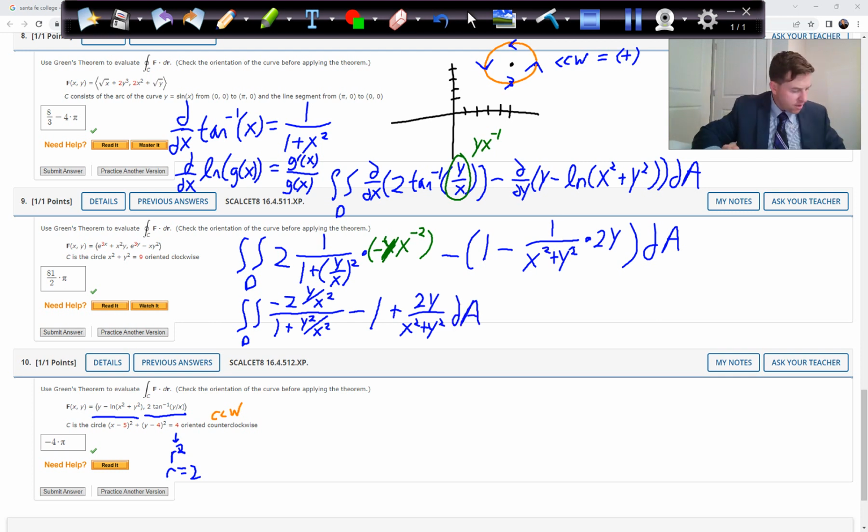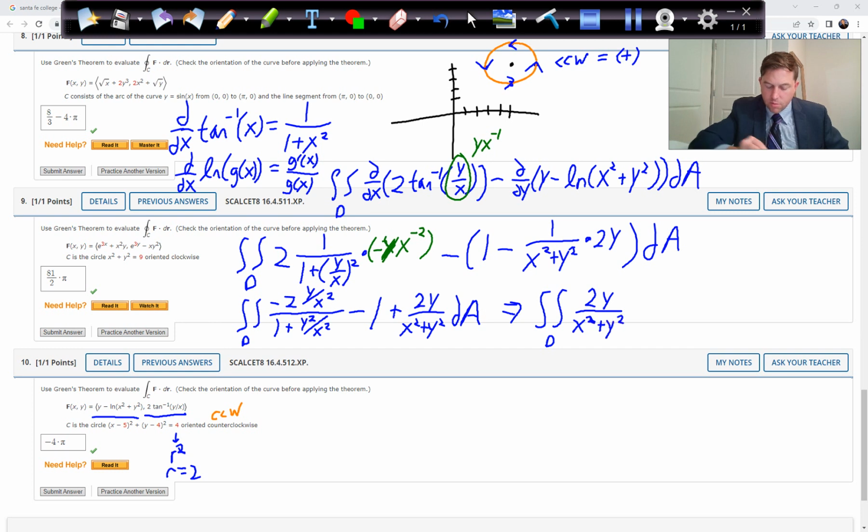Now where do we go from here? This is a bit messy. Make sure I didn't make any errors. Okay, this looks correct. Okay, so this one is interesting. I'm not going to go through all the algebra steps, but if you create a lowest common denominator for this first fraction and you combine like terms and everything, it will turn out to be 2y over x squared plus y squared.